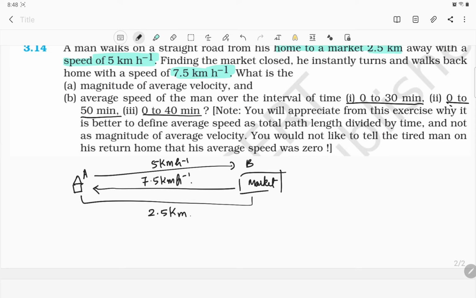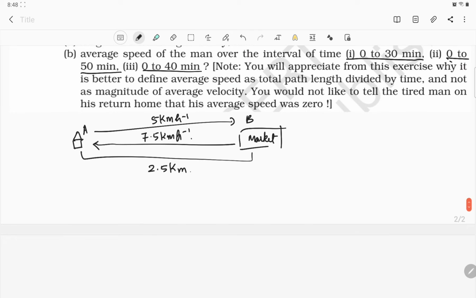So first we have to understand how much time this man is going to take to reach from home to market. So from home to market, this man is going to take a time which is equal to the distance divided by the speed.